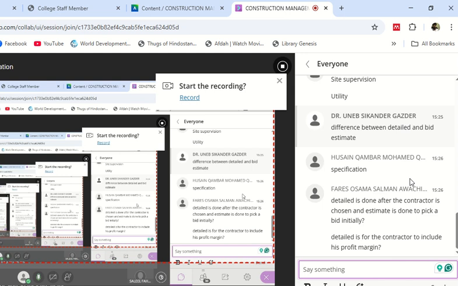The profit margin, yes. The most important thing will be that the contractor will include his or her profit margin. Okay, anything else the contractor may do differently? So you have hit the jackpot with the profit margin thing, but is there anything different?